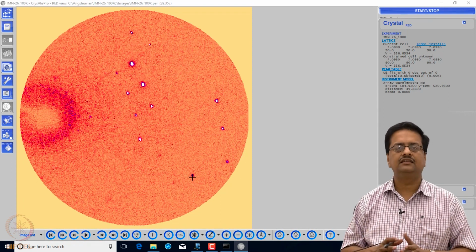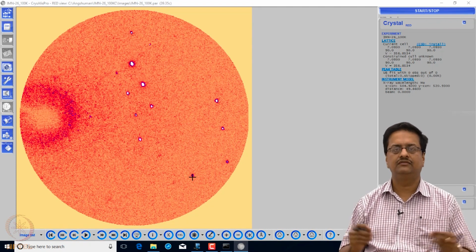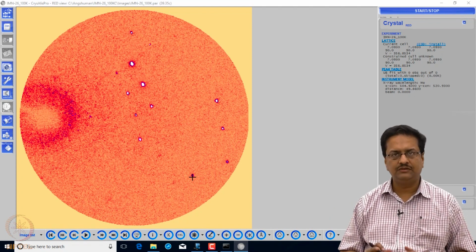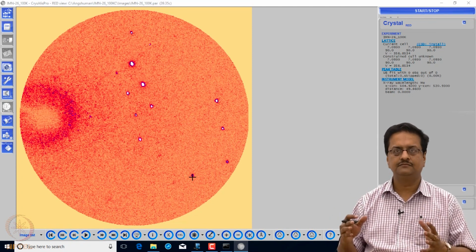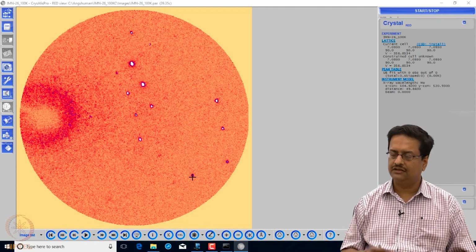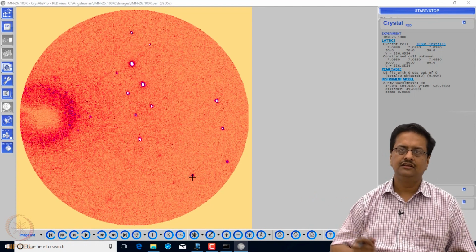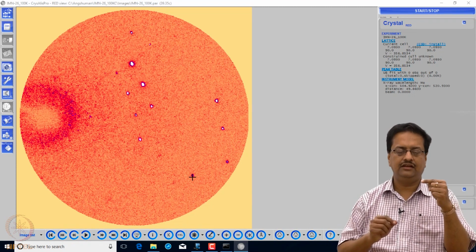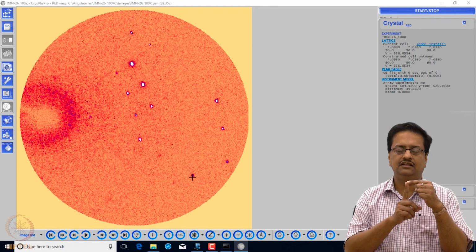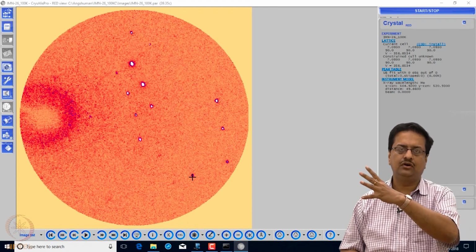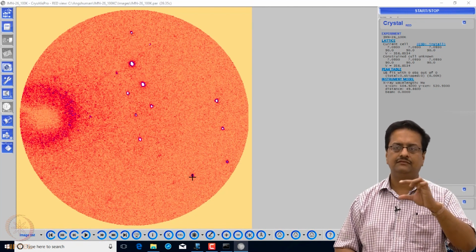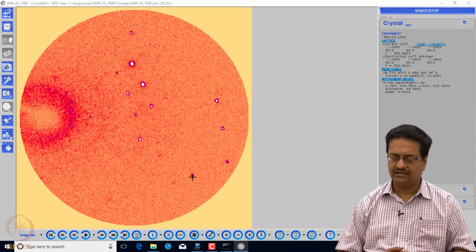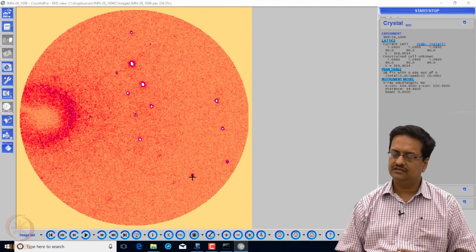This indicates that the diffraction from one crystal with a particular angle of orientation happens in a large number of different directions with various intensities, and all those diffracted beams are recorded by the detector. If you remember, if we shine X-rays from one direction and they fall on a crystal, the diffracted intensity goes in a conical manner, and those cones have all possible diameters, that is, the angle at which the diffracted beam goes. How does it happen?